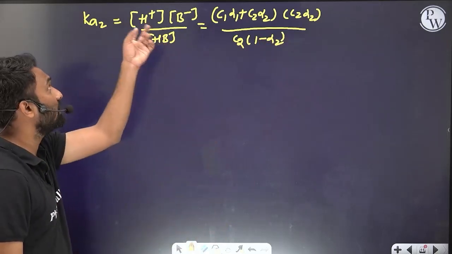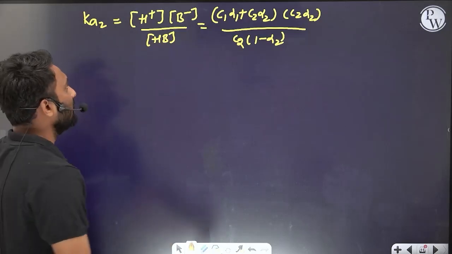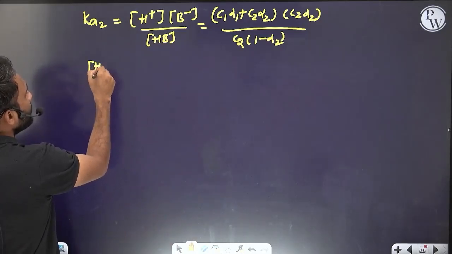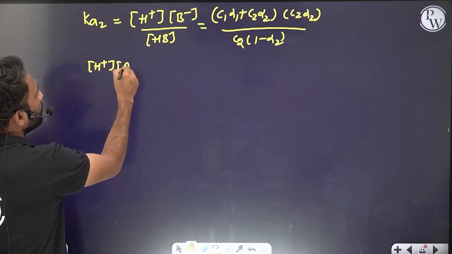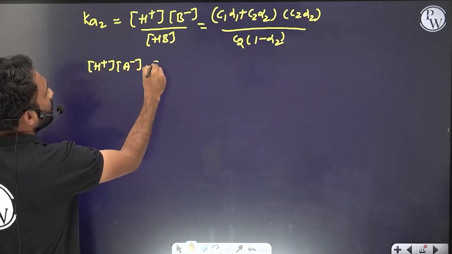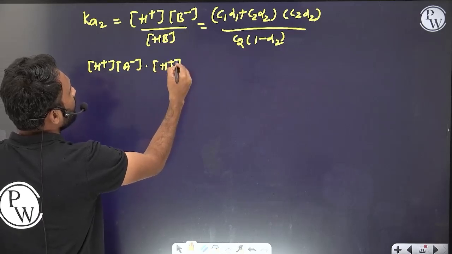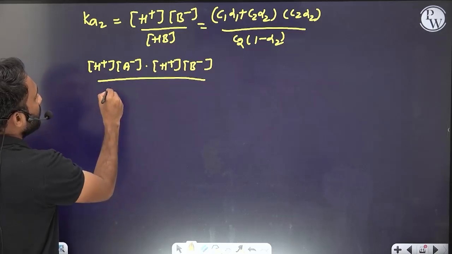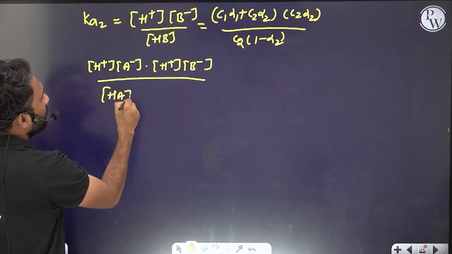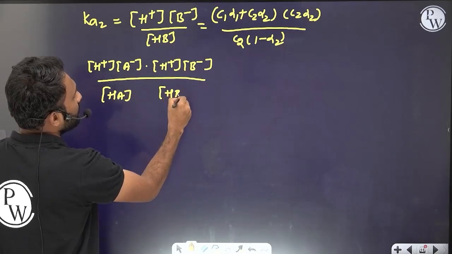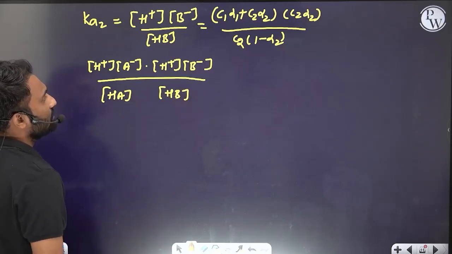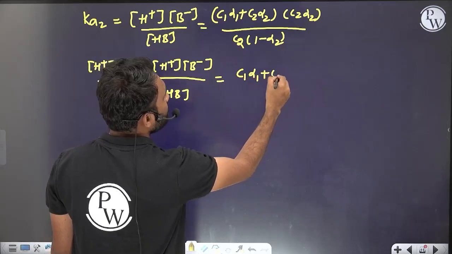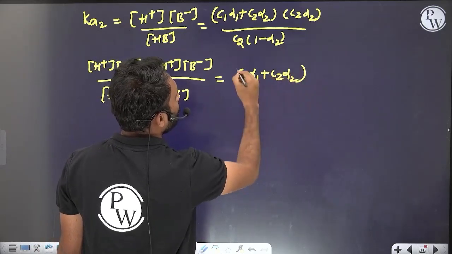Now multiply Ka1 and Ka2. What do we get? The H plus, A minus, B minus concentrations divided by the concentrations of HA and HB. Here we will get (C1 alpha 1 plus C2 alpha 2) whole square.